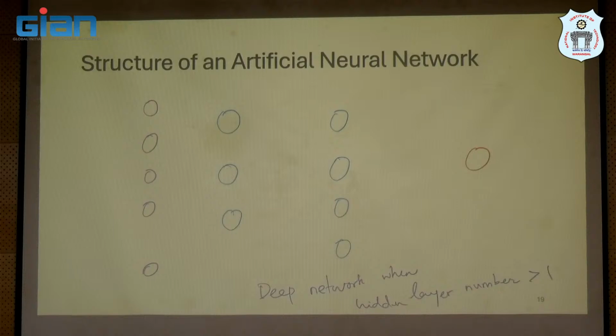Okay. So I hope I have introduced you to an artificial neuron and a basic network. So some key terminologies. The first is with respect to the input layer. Let's say this is x1, x2, x3, x m minus 1, xm. So if there are m inputs, first of all, what are these inputs?